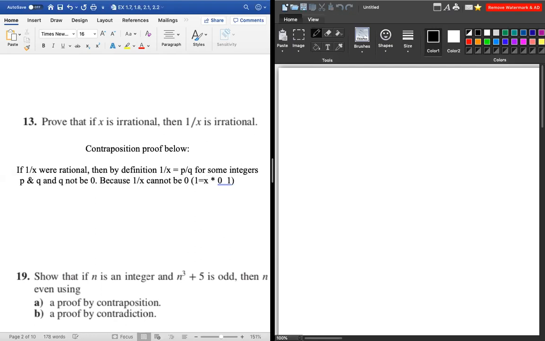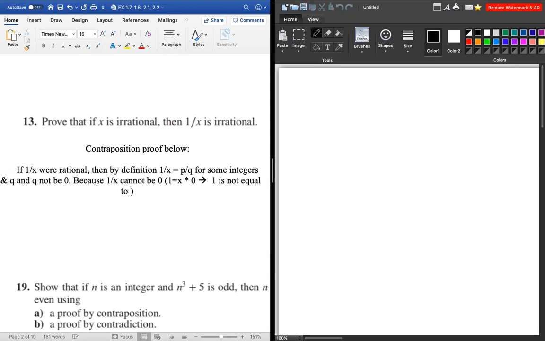And 1 is not equal to 0, right? So we know that p is not equal to 0.